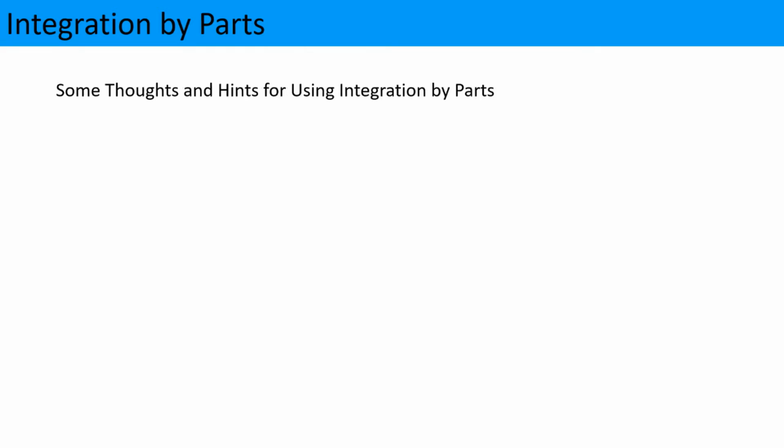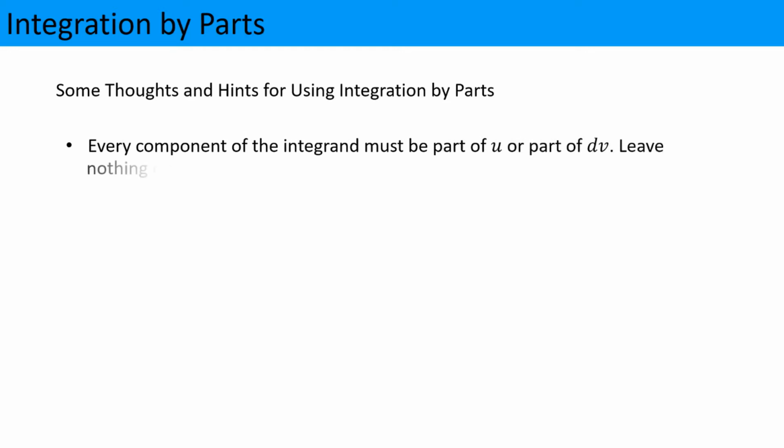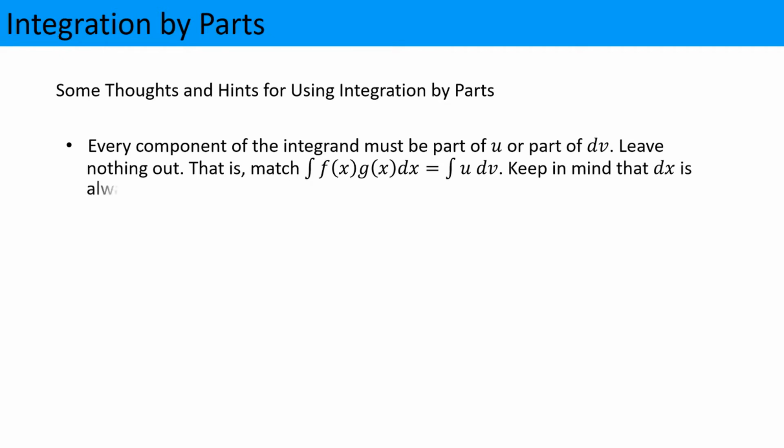Some thoughts and hints for using integration by parts. Every component of the integrand must be part of u or part of dv. Leave nothing out. That is, match the integral of f of x times g of x dx to the integral of u dv. Keep in mind that dx is always a part of dv.